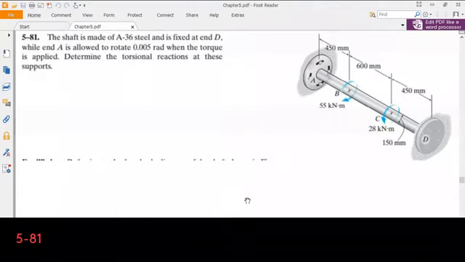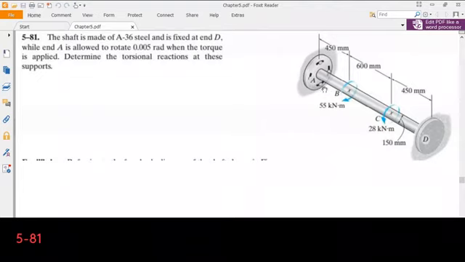Okay, so we have a rod fixed between two walls, but the support at A is allowed to rotate either in clockwise or in counterclockwise direction with an angle of 0.005 radians, 5 10 to the power minus 3 radians in fact.